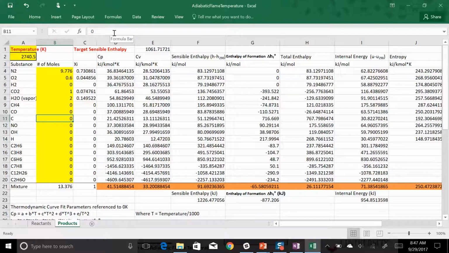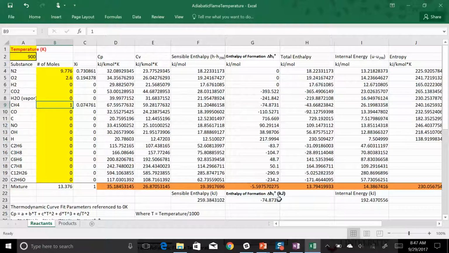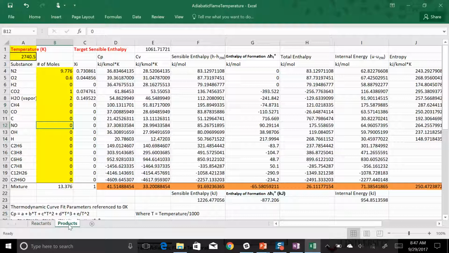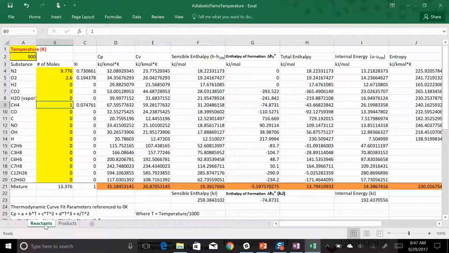So in this case now, the enthalpy of formation for these products of combustion are different. Now we have negative 877, and the reactants were negative 74. So the difference, if I do products minus reactants, 877 minus 74 would be somewhere about 803.